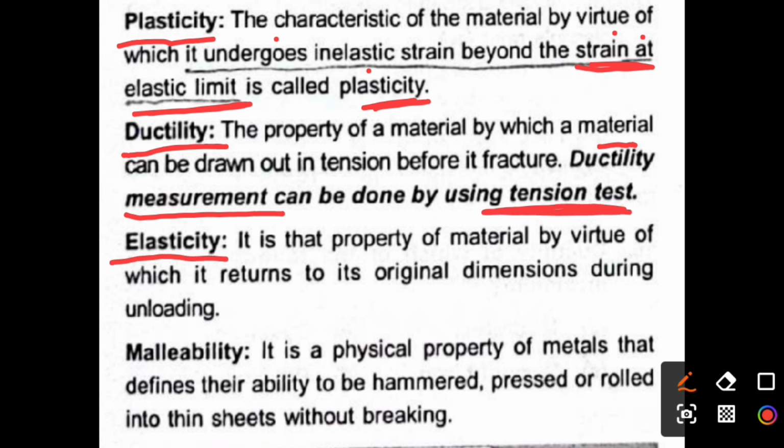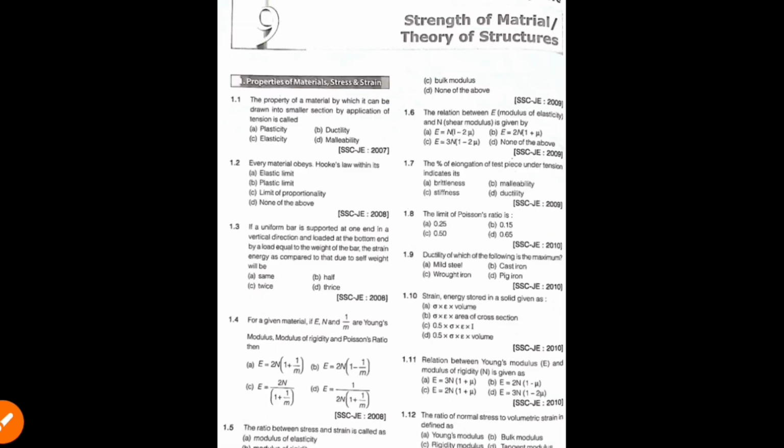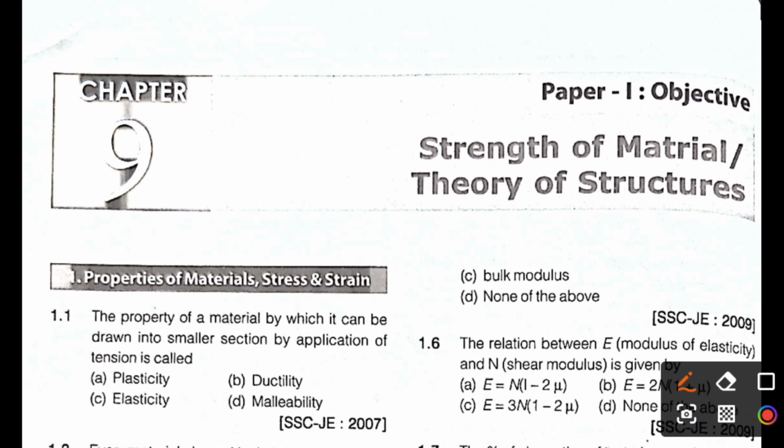Elasticity is that property of a material by virtue of which it returns to its original dimensions during unloading. Malleability is a physical property of metals that defines their ability to be hammered, pressed, or rolled into thin sheets without breaking. So the property of a material which can be drawn into a smaller section by application of tension is called ductility.